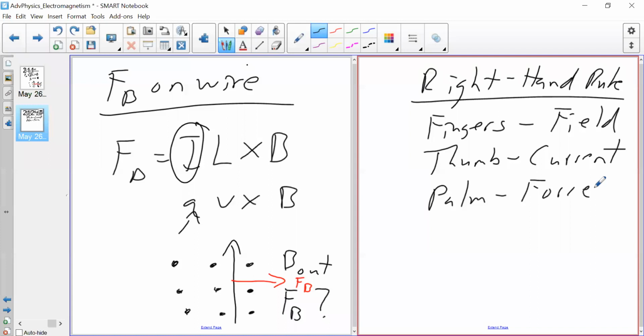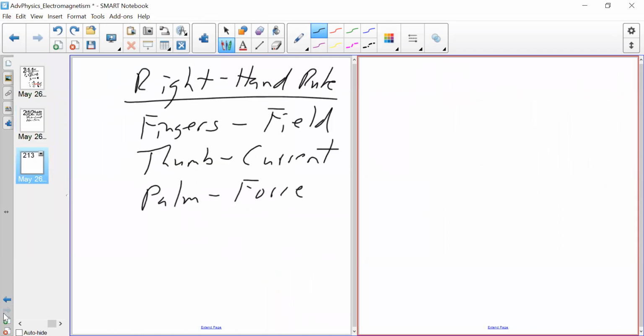So like I said, we're going to skip the torque section and the Hall effect. Please read that if you're interested. It's very good stuff. We're going to push on to chapter 30, section 30.2. Let's flip over there. In this chapter, we're talking about sources of the magnetic field.